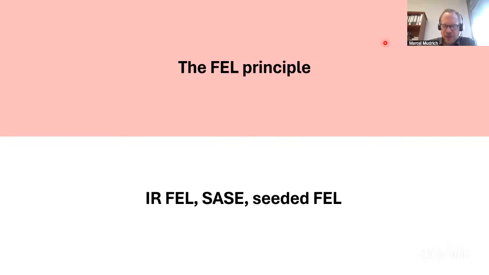And what new types of experiments we can then do with free electron lasers that cannot be done with synchrotron radiation will be one of the goals to get to once we are done with the discussion of how FELs work.